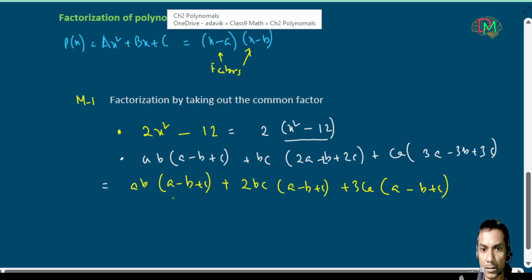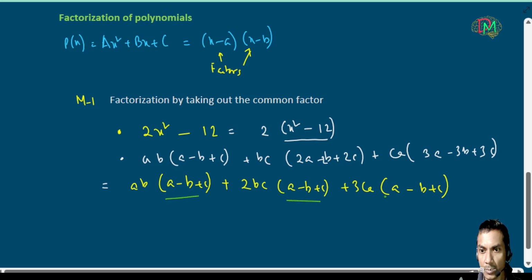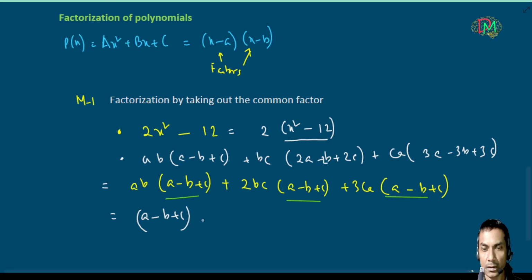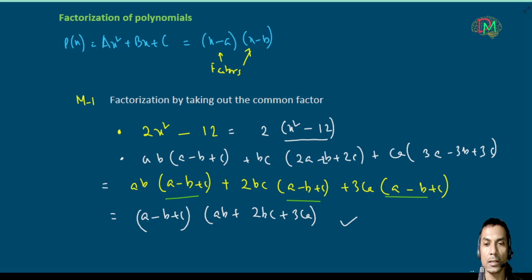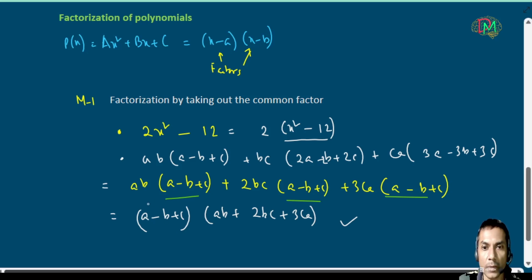These are common. You can take the common a minus b plus c again, and what remains is ab plus 2bc plus 3ca. Clear? So this is the answer. This way, in these two examples, you get the answer.